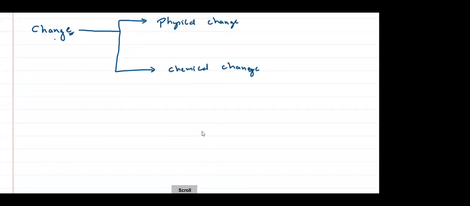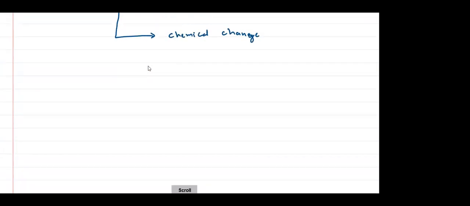We will talk about the conceptual part. The definitions of chemical change and physical change will be taught in your school. So we will focus on chemical change. Chemical change is also called chemical reaction.